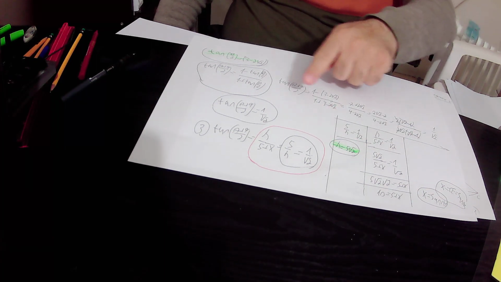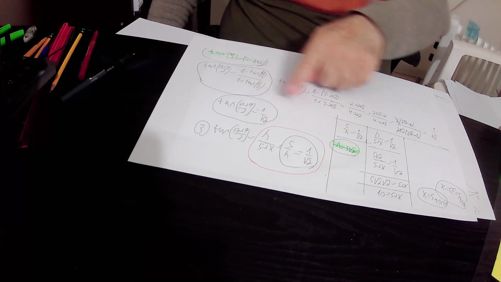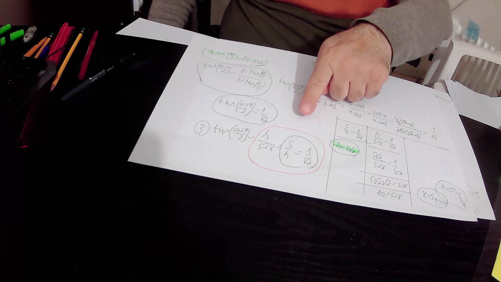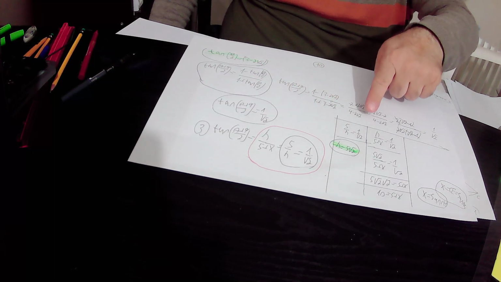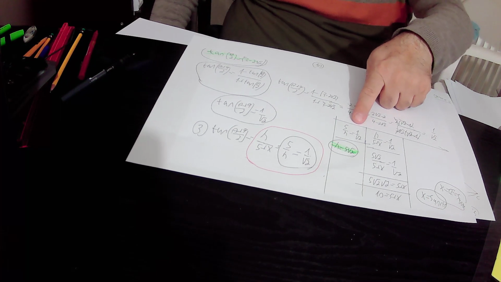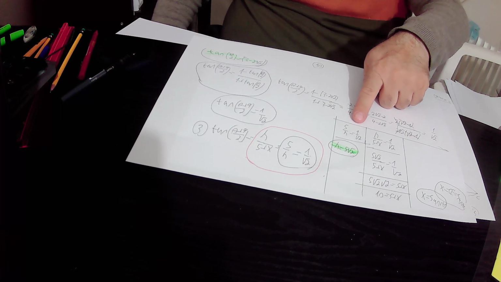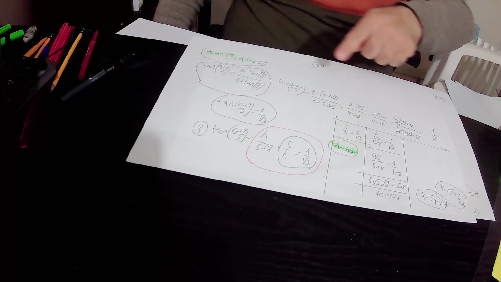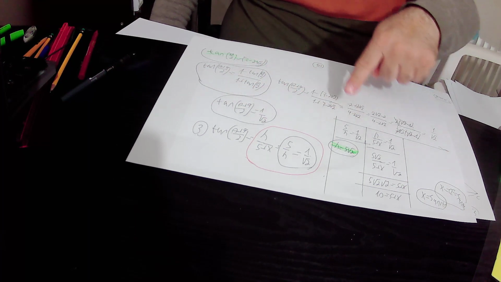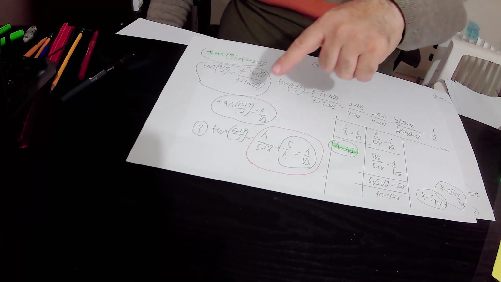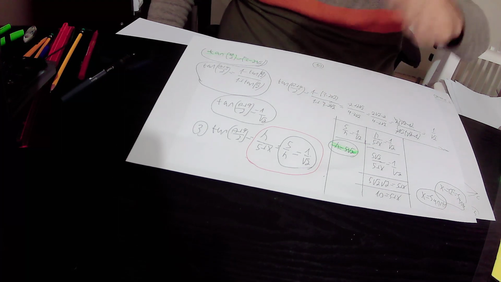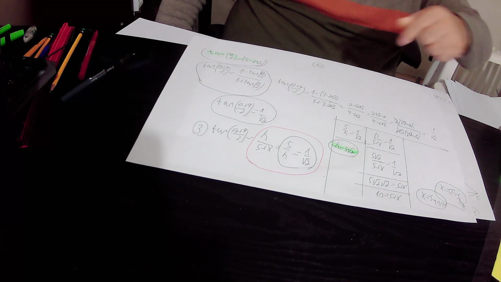So from equation number 3, we derived that 5 over edge equals 1 over square root of 2, and we found out that edge equals 5 times square root of 2. Then from equation number 3, we derived that edge over 5 plus x equals 1 over square root of 2.